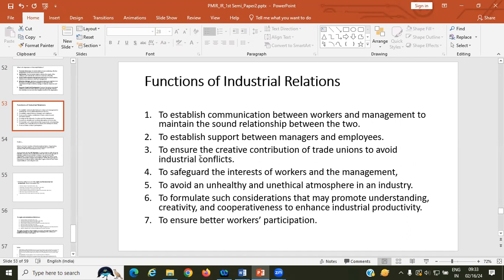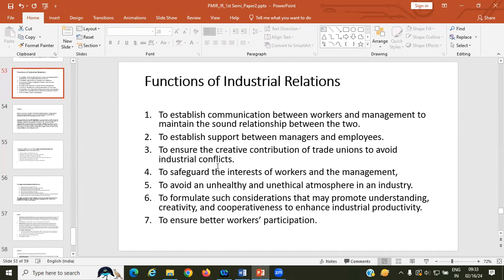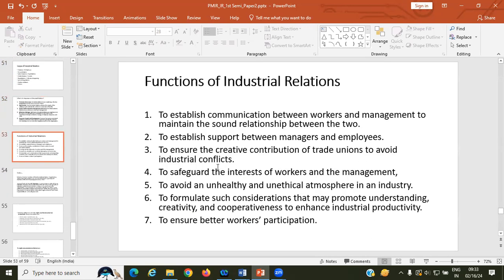We'll study more on that, maybe another 2, 3 classes, and this course will complete. Functions of industrial relationship we'll study in the next class. We'll continue this industrial relationship. Thank you.